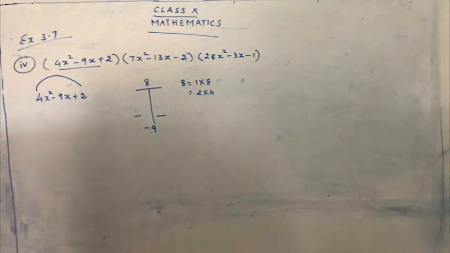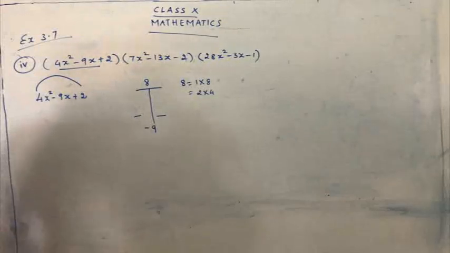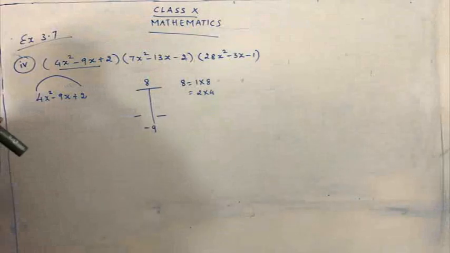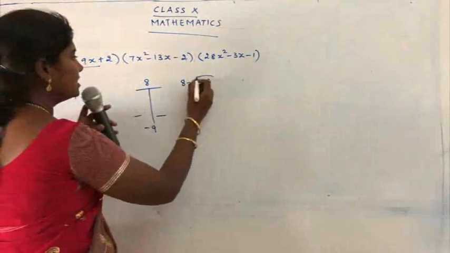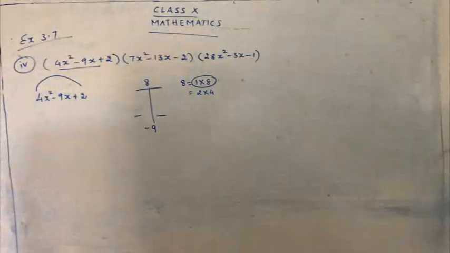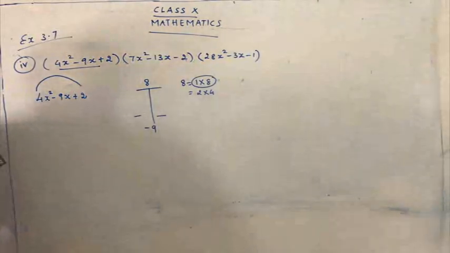So the next step is we have to choose the proper combination that gives you the product 8 and the sum as 9. So which number can be chosen here, children? Yes, we can take the first part, that is we can choose the numbers 1 and 8. Now let's check whether it satisfies the product and the sum.